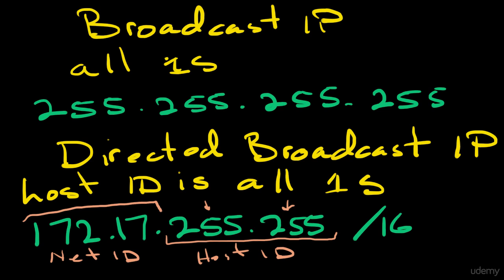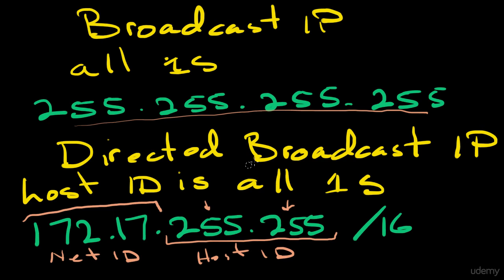What does this IP address therefore mean? Well, it means if you send any data to this IP address as your destination IP address, you want that data sent to all systems on the 172.17 network. That is different from the general broadcast IP address of 255.255.255.255. If you sent data to this IP address, you're saying send this packet to everyone on every connected network.